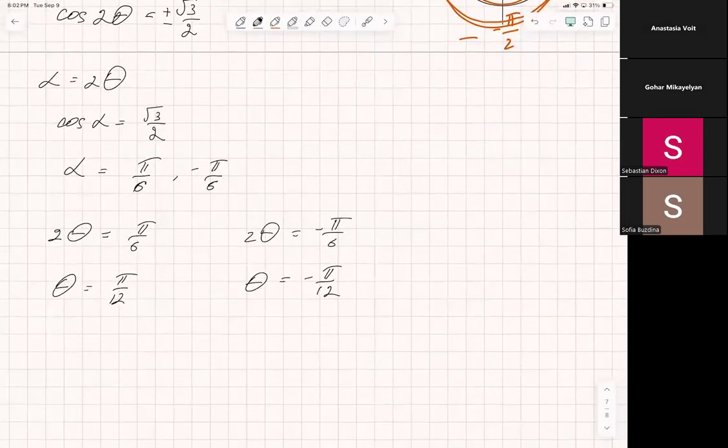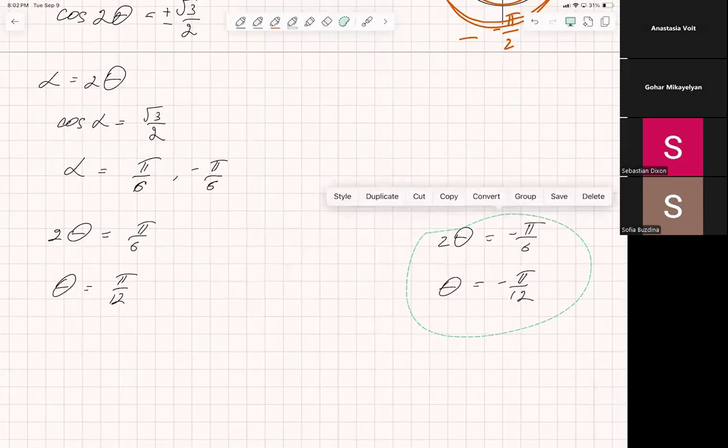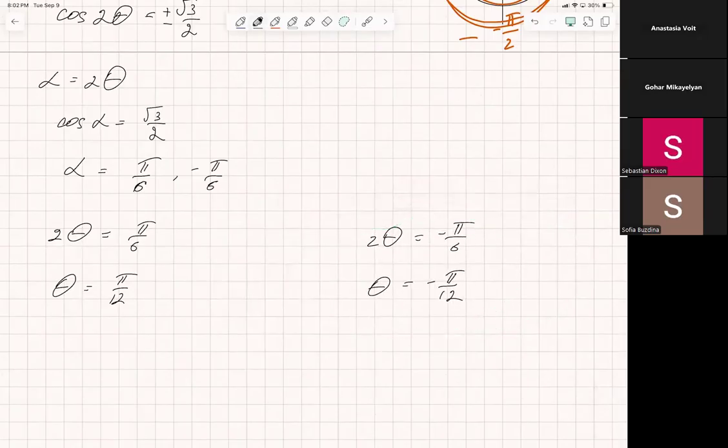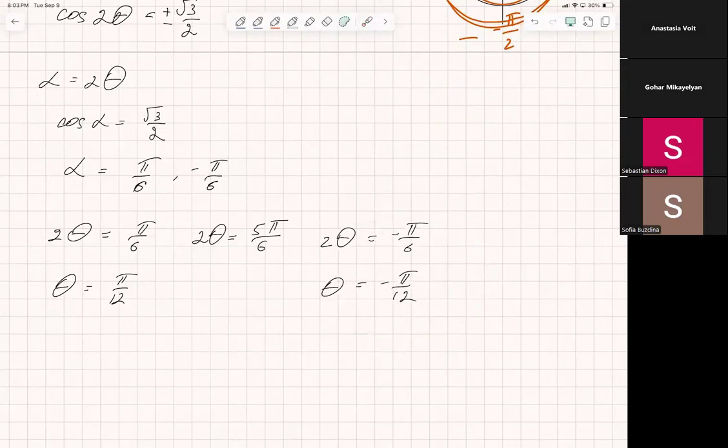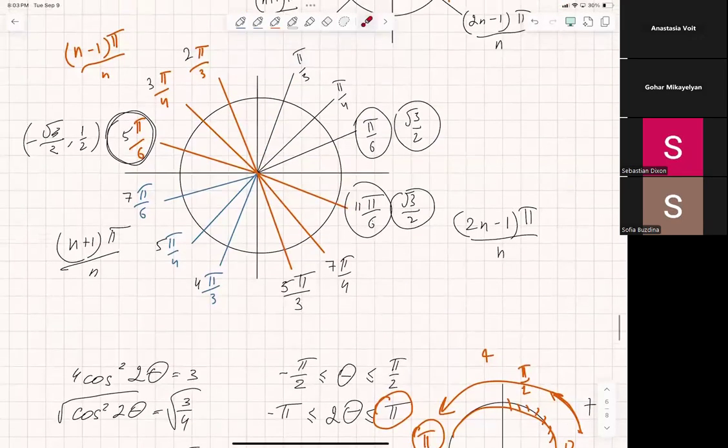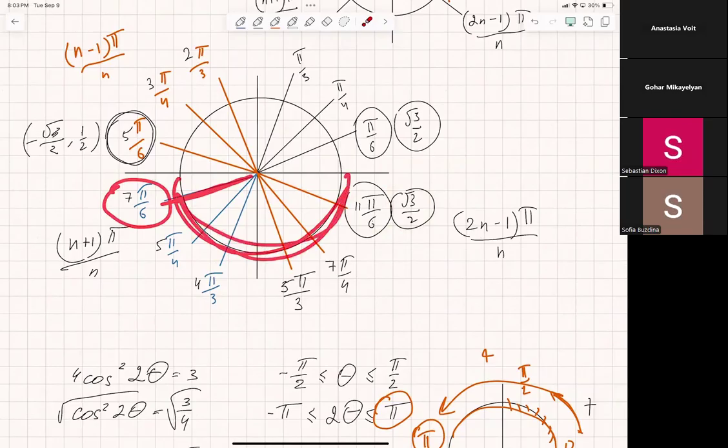So I have 2 more answers. So I have my 2 theta equals 5 pi over 6. And then when we go from 0 to the negative side or clockwise side, cosine is square root of 3 over 2 here, and also it's negative square root of 3 over 2 in here, because we're including from negative pi to 0 and from 0 to pi, so we need to include this answer as well.